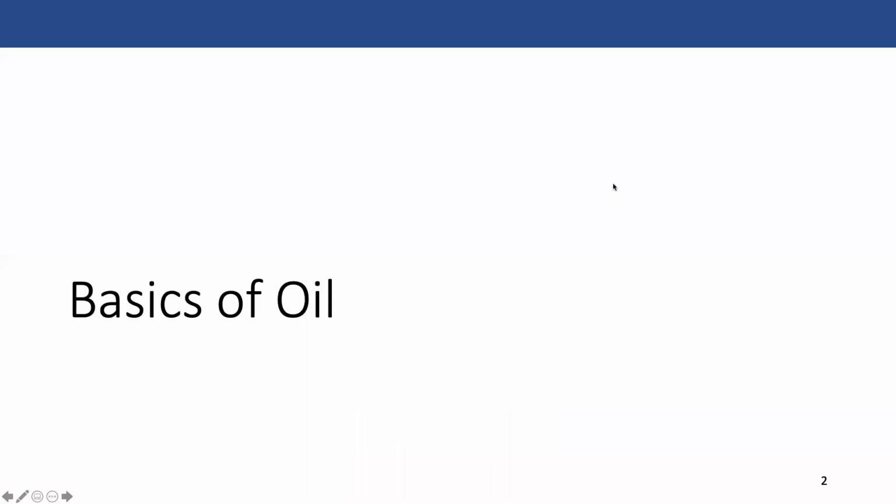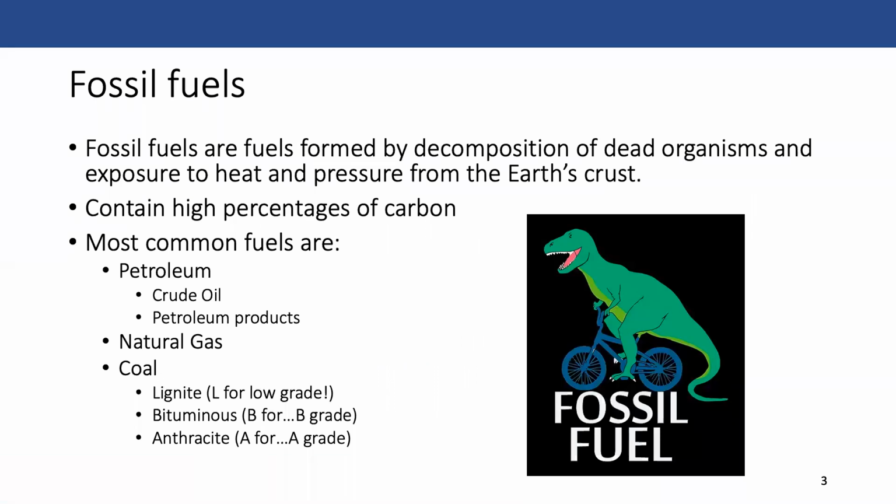So starting off with basics about oil. This is the same slide from previous lectures. Fossil fuels, just as a reminder, are formed by decomposition of dead organisms, and of the three types we talked about, natural gas and coal in the previous lecture, these are essentially your solid form and gaseous form of fossil fuels, and the liquid form of fossil fuels, hopefully most people are fairly familiar with.